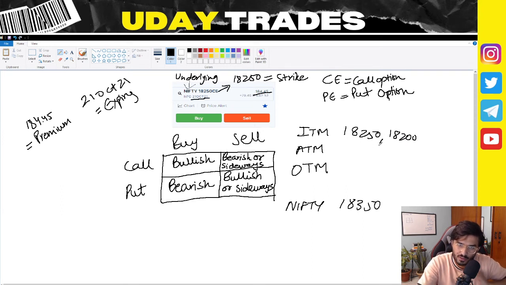So contracts below the spot price are in the money. 18,350 will be at the money.